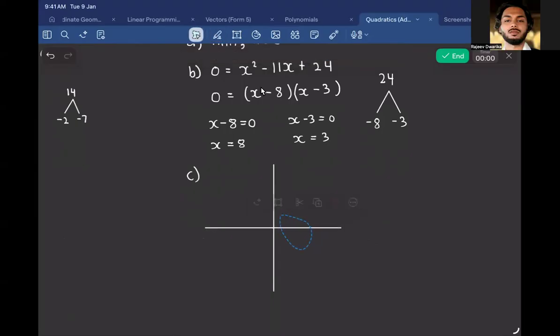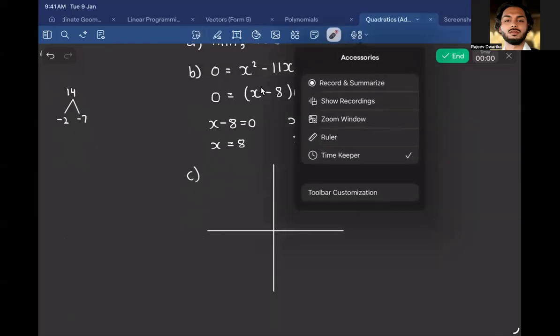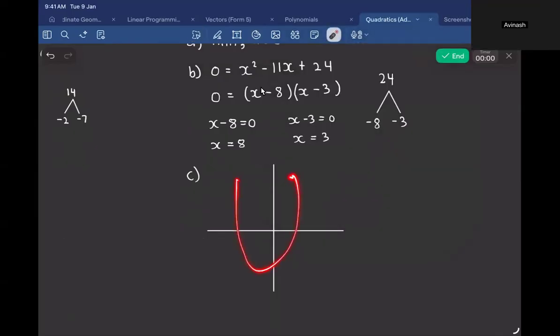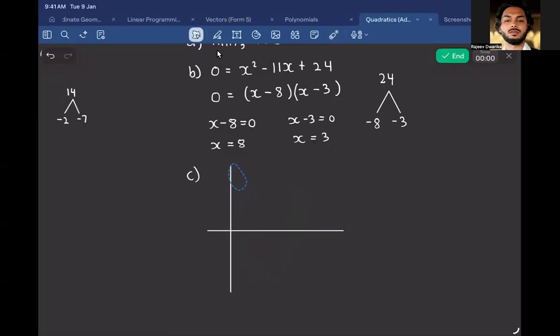Avinash, should I draw my graph like this? No, sir, I should not. Serena, did you draw your graphs with the correct quadrants? Yes, I did, but my curve is looking a little wonky.